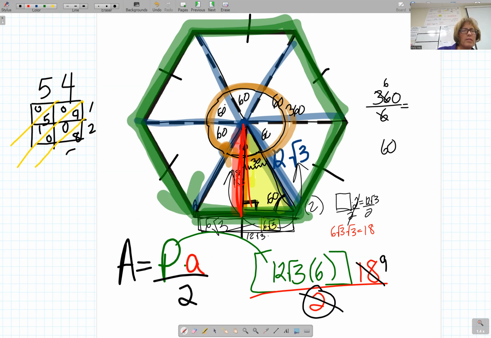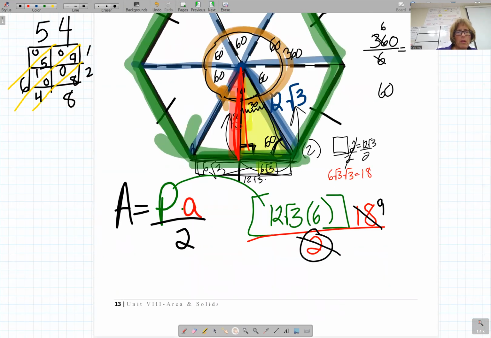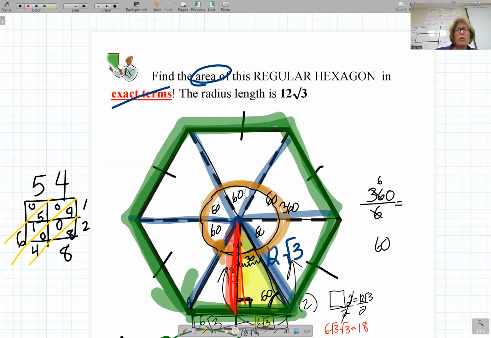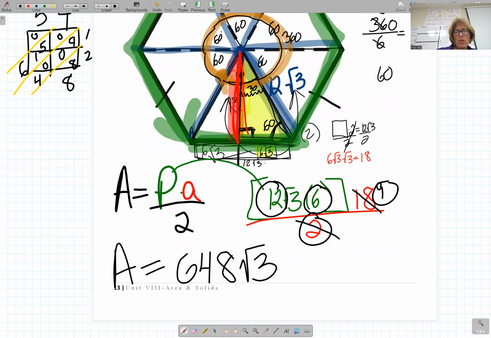So that's 8. That's a 4. And that's a 6. So I have here 648 root 3 is my area. Check for units. No units. So this is just units squared.